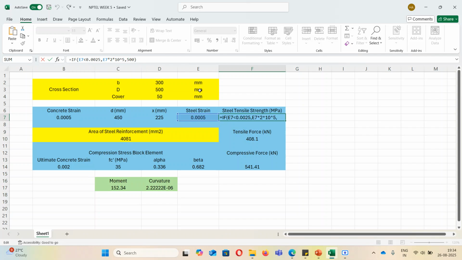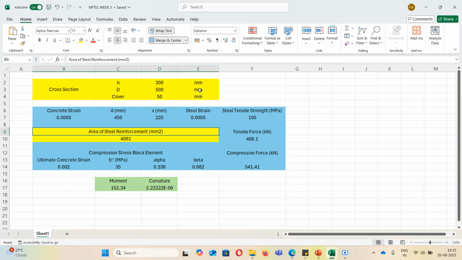So this is what I have written here. This is how we can simplify this pen and paper calculation just by placing an if-else condition.